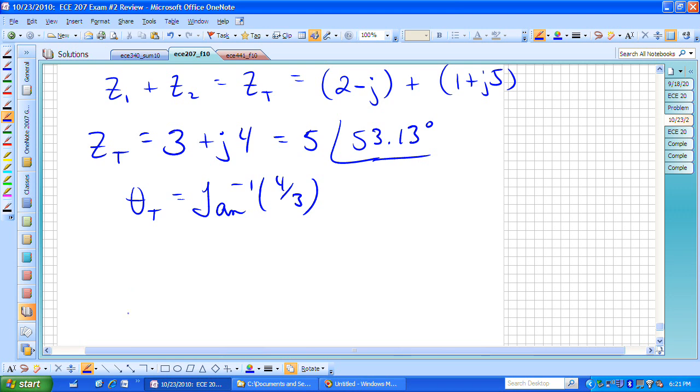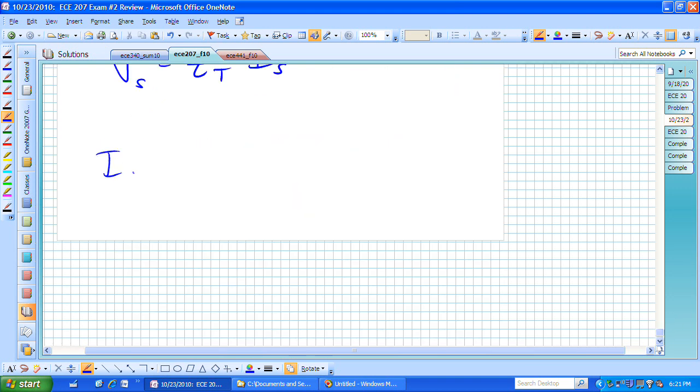Our generalization of Ohm's law says that the total voltage, which is our source voltage, divided by the total impedance, will give us our current, or V source is equal to Z total times I sub source. We want to find I sub source.